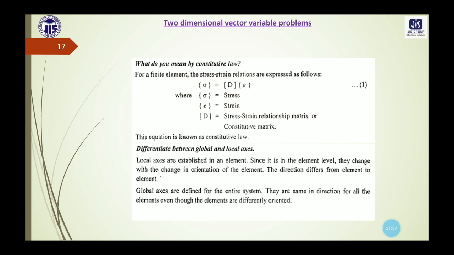Then to differentiate between global and local axes. Local axes are established in an element, and since it is at the element level, they change with the change in the orientation of the element. The direction differs from element to element. This is in case of the local axis, and in case of the global axis, these are defined for the entire system, and they are the same in direction for all the elements, even though the elements are differently oriented.